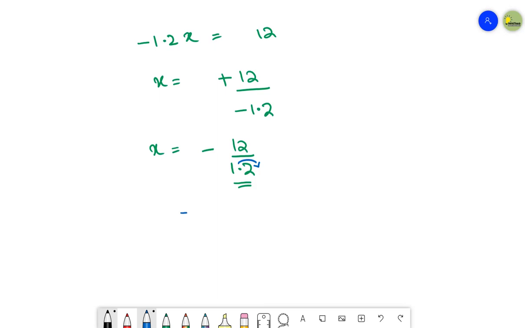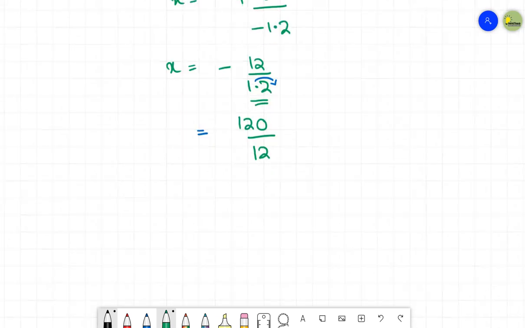How many times are you shifting it? Only one time. So keep in mind, if you are shifting it one time, then you need to add 1 zero in the numerator. The number of times you shift the decimal to the end, you have to add that many zeros in the numerator. So it is x equals minus 120 upon 12.